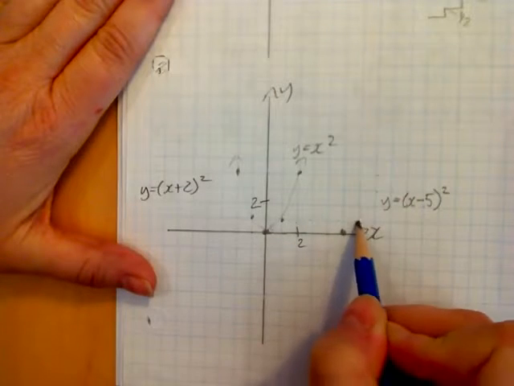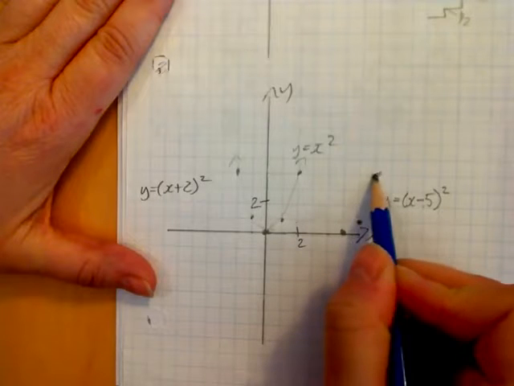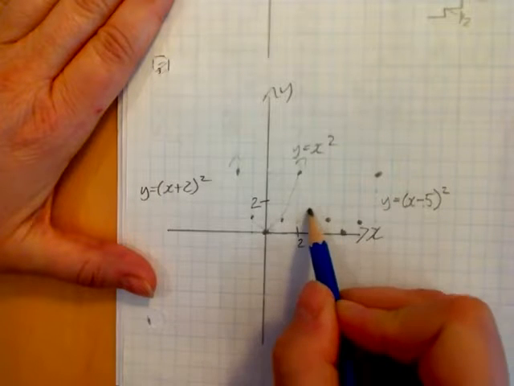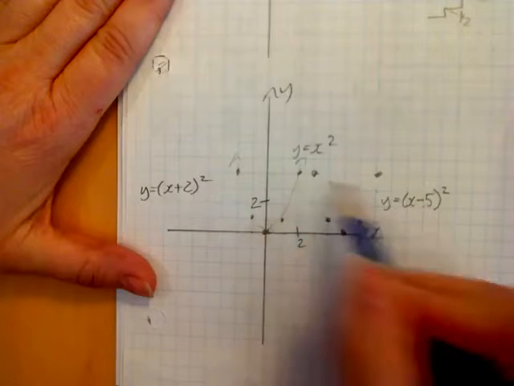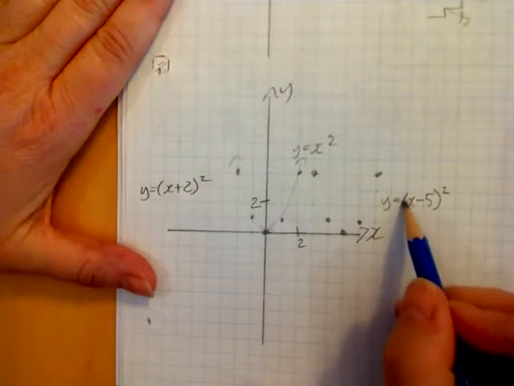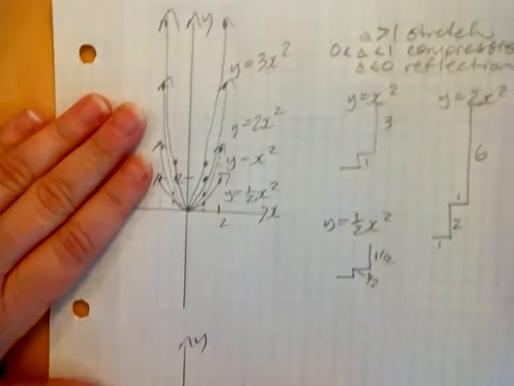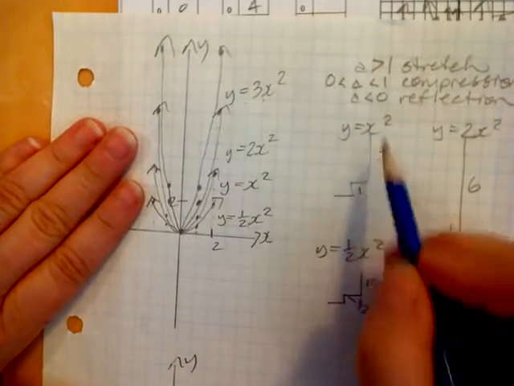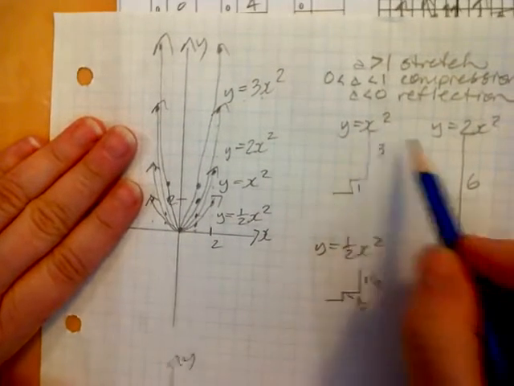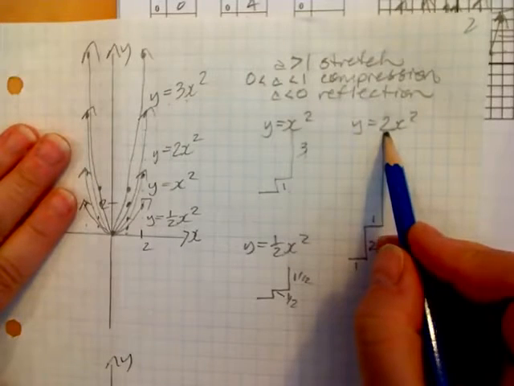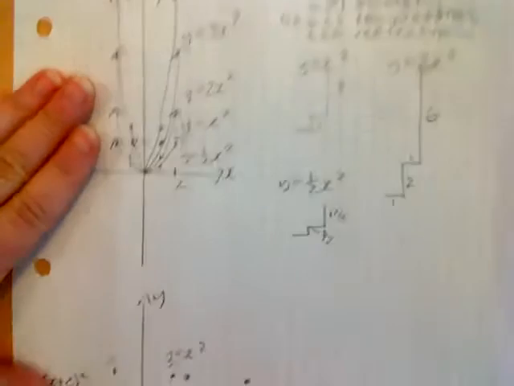And from there, over 1 up 1, over 1 up 3, because the number in front of the x is a 1. And we talked about this, that when the number in front of x is a 1, we go over 1 up 1, over 1 up 3. When the number in front of the x is a 2, we do that.